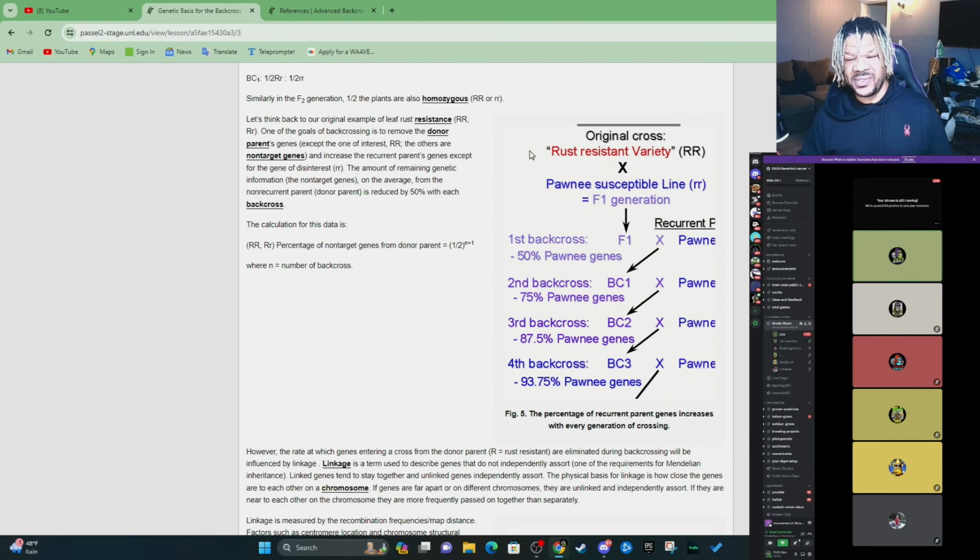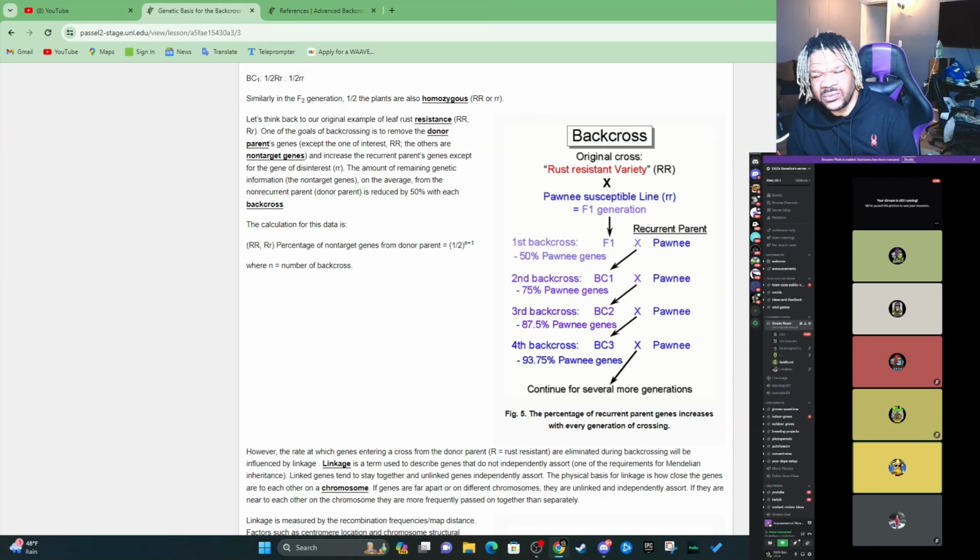All right, so to give us a little map here. Maybe the rust-resistant variety just doesn't have any of the traits other than the rust resistance. I'm guessing Pawnee is a pecan, and it probably has the right flavored nut or fruit or whatever they're looking for.